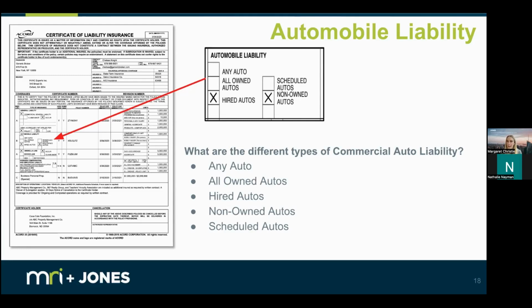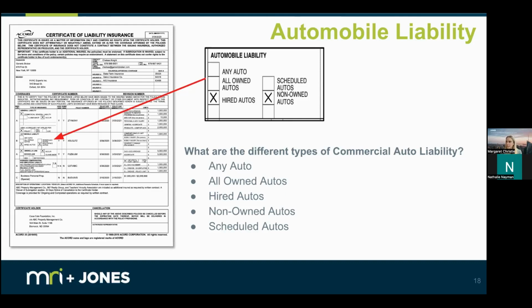All owned autos will be any automobiles owned by this business. Hired would be any that they're renting or leasing. Non-owned, kind of another category. They don't own it, maybe they're not renting it, anything that they don't own. And then scheduled autos. Anytime you see the word scheduled in an insurance context, it's just going to mean discreetly listed out.